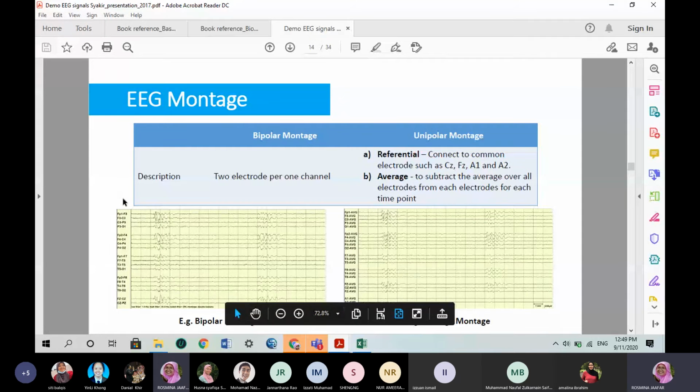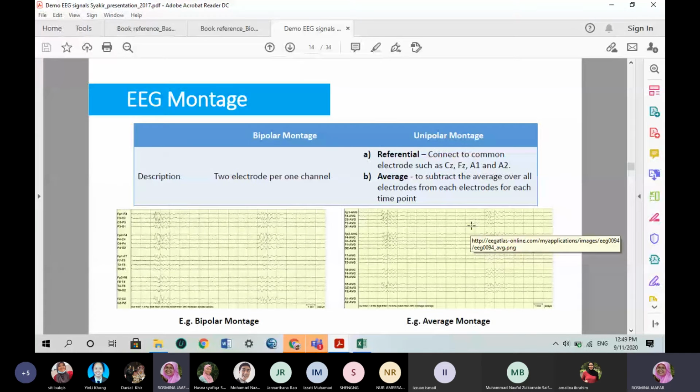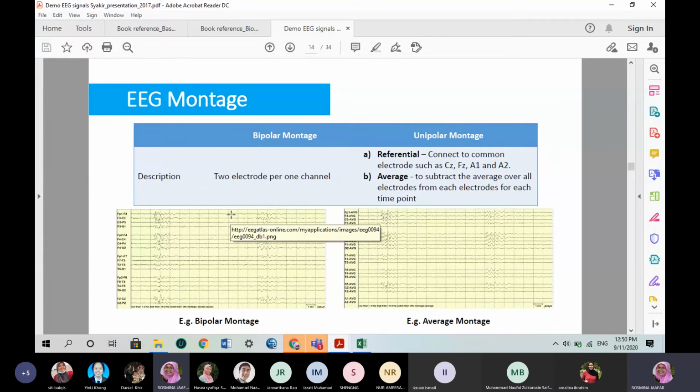This one is for bipolar montage. For the unipolar montage, unipolar means based on one single electrode, but you have to make it in reference to an average of all electrodes. For the bipolar, always 2 electrodes per one channel, so it is actually the difference between the two.